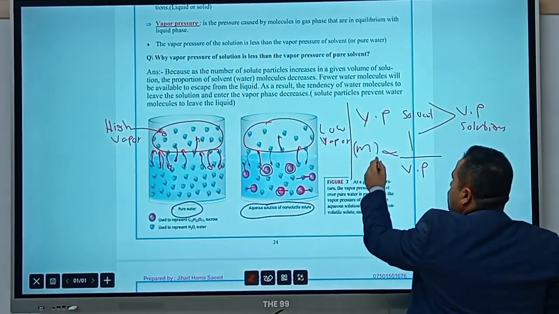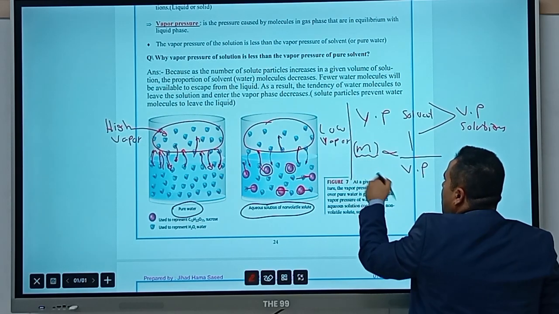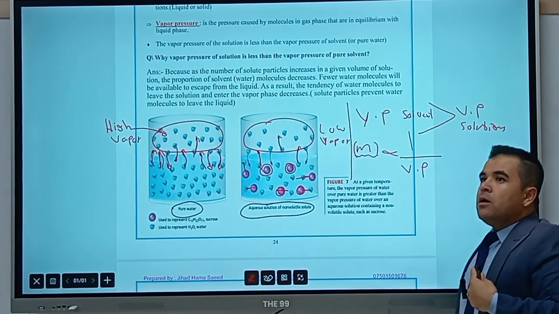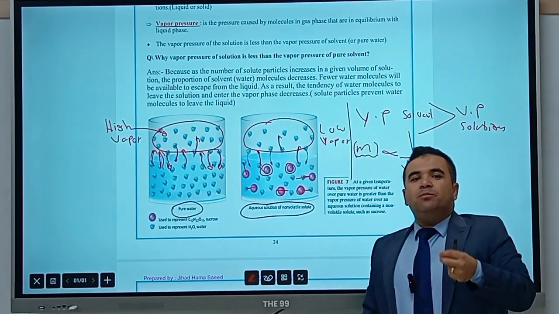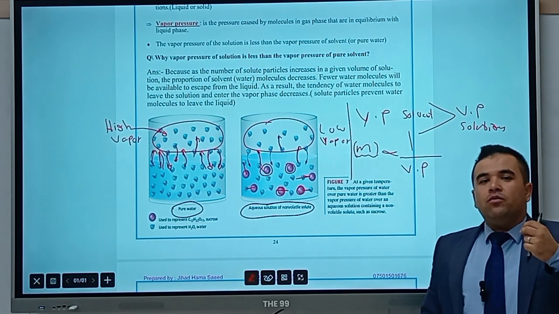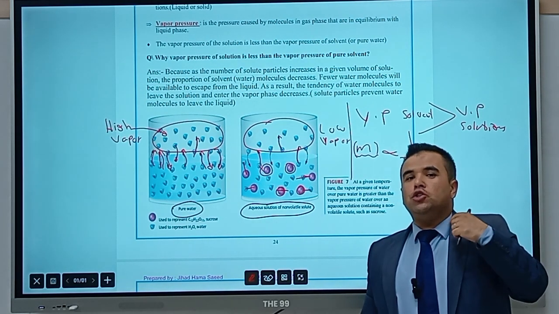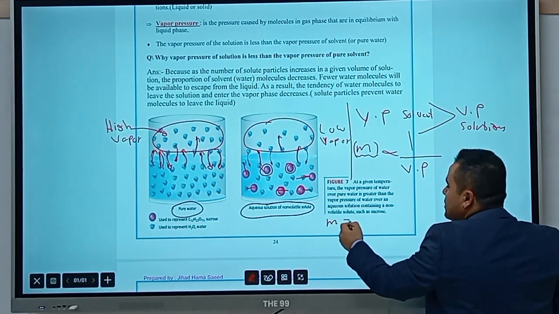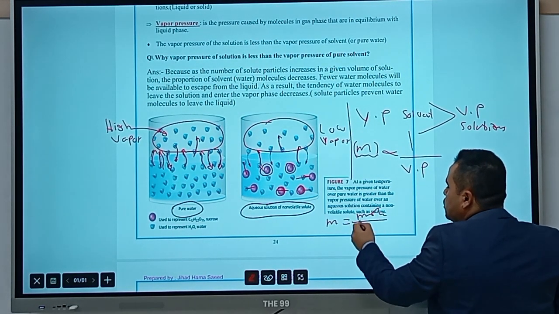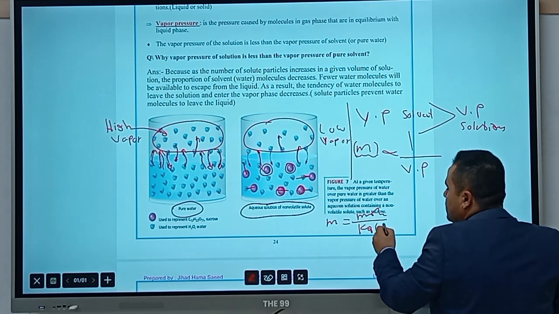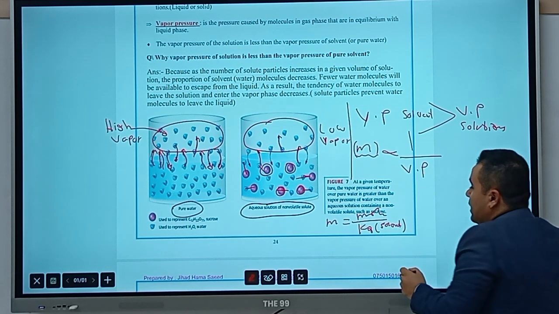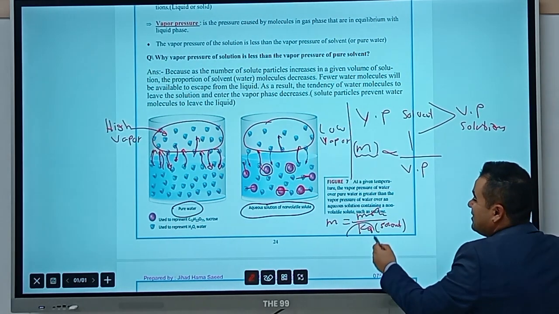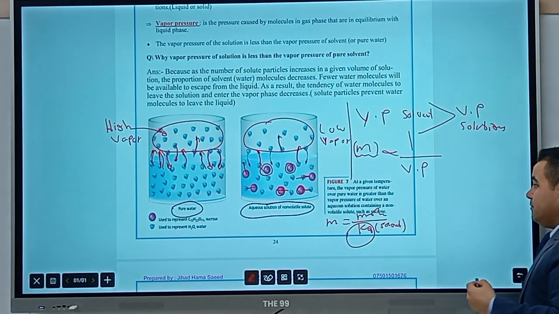And in this section, guys, we will be talking about the concentration in molality rather than molarity, because molality does not depend on temperature, does not change by changing temperature. And as you know, molality is equal to moles per kilogram of solvent, and the kg is independent of temperature.